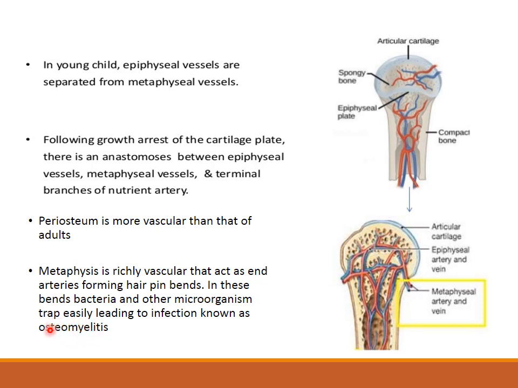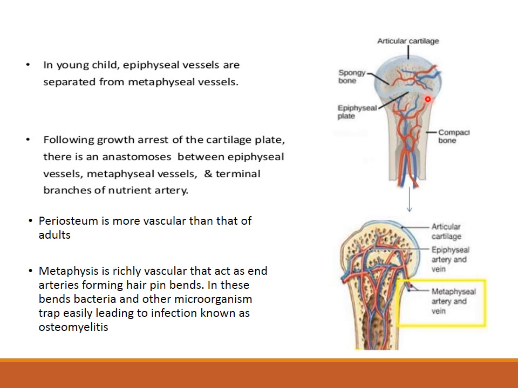So osteomyelitis is more common in the children because the metaphyseal arteries, which are very more in number, they are going to bend into hairpin like loops, and at that bend the microorganisms easily lodge and trap there, causing the inflammation in this area.